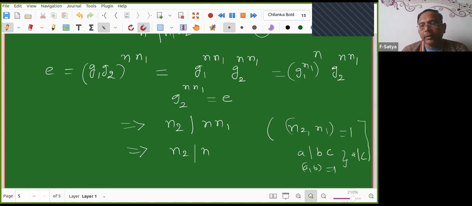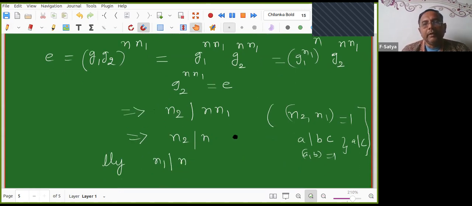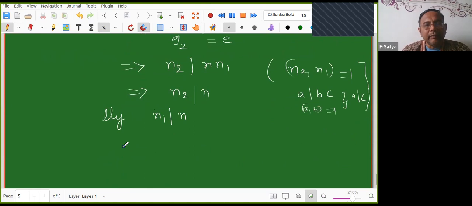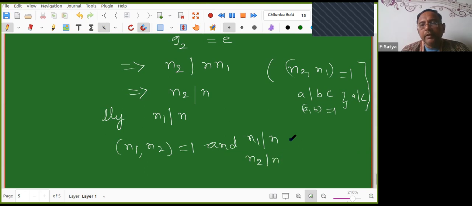Similarly we can prove N1 divides N. But again I'm using that GCD of N1 and N2 is 1, right? N1 divides N, N2 divides N. So from these two, I can show that N1 times N2 also divides N. This also we did in the number theory course, right?